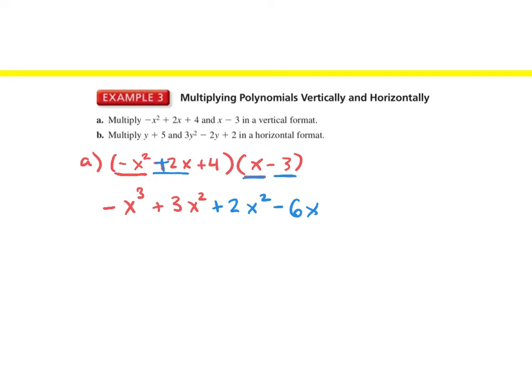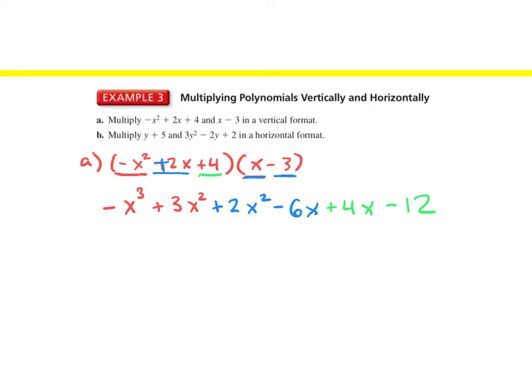And then next we can move on to our third term here, 4. So we have to multiply 4 times x and times negative 3. So 4 times x is 4x, and 4 times negative 3 is negative 12.